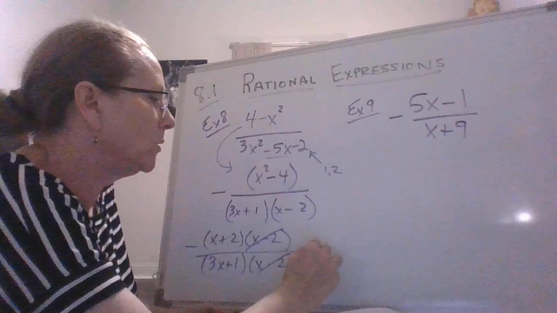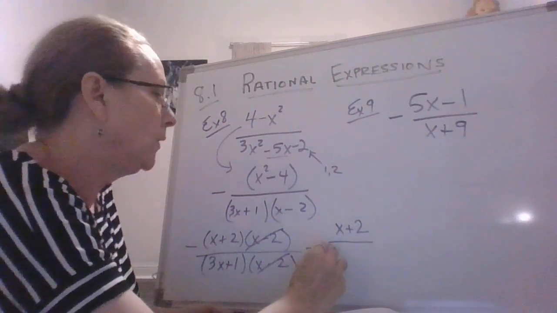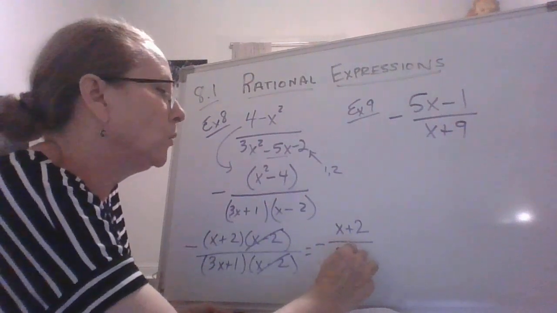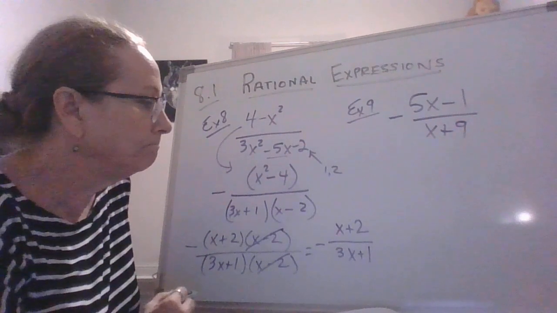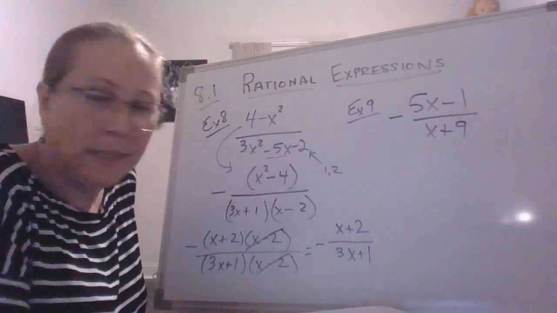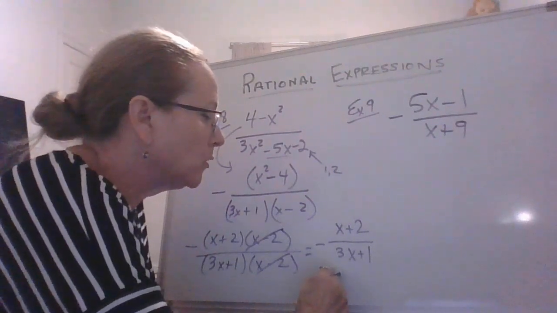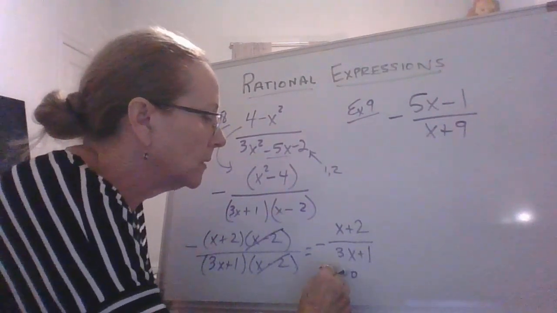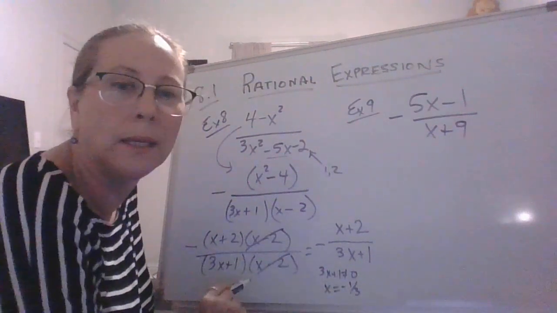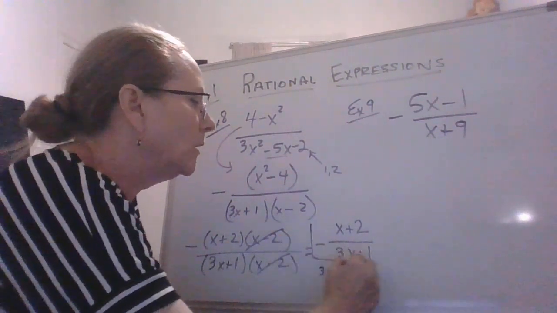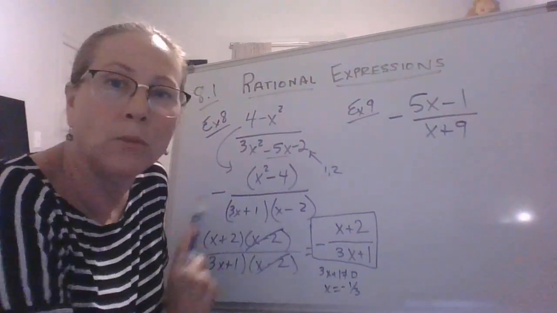So our answer is negative x plus 2 over 3x plus 1. And the parentheses are not necessary at this point. To find where it is undefined, we would just say 3x plus 1 is equal to 0. Well, x can't be 0, so x can't be negative 1/3 in that particular case. So here is our reduced expression, and then the negative 1/3.